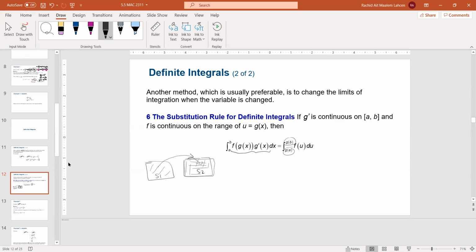They also convert, and I'll show it in an example. So here, let's say this system uses x, and this system uses u. Here x equals a, x equals b. Here you're not going to have a and b because that's x. So now we need to find what this means in terms of u, because this system does not use x, it uses u, right?